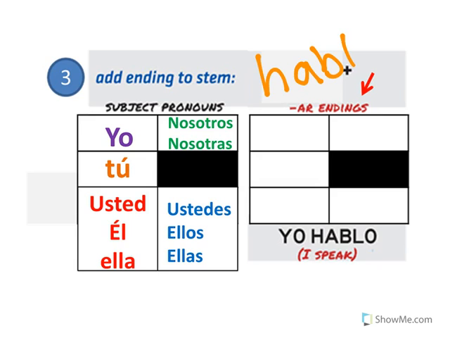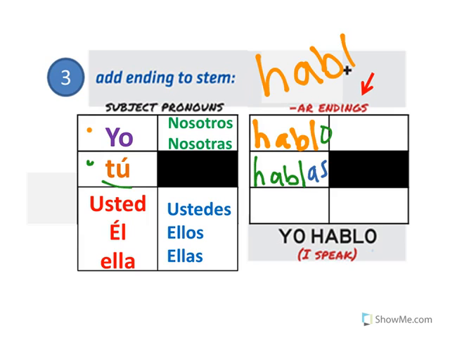So, the ending for the yo is O: hablo. That means I speak. For the tú, we write the stem, and the ending is AS.